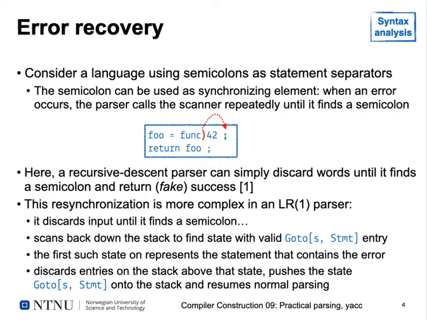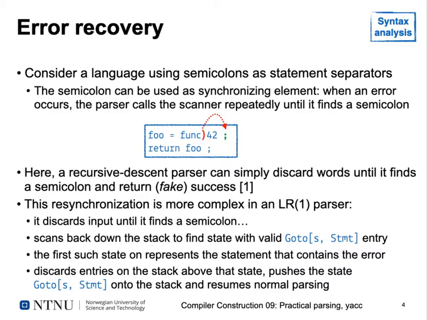So a recursive descent parser can simply discard words until it finds a semicolon, and the parser can return some fake success message like, oh yes, I've read this successfully, and by the way, I've printed an error message, but I haven't told you. This is a bit more complicated when you're doing bottom-up parsing in an LR(1) parser, because, well, it discards input until it finds a semicolon. That's fine. But then it tries to scan back down the stack to find a state with a valid entry that has a goto.